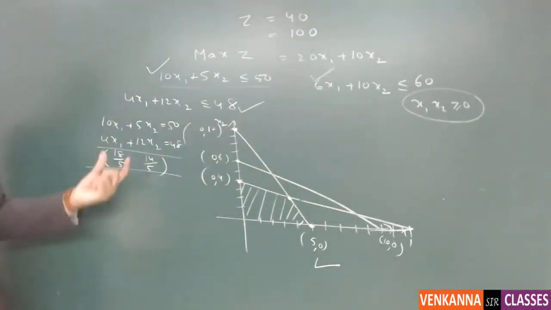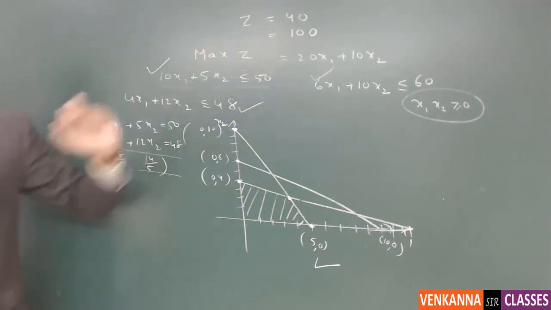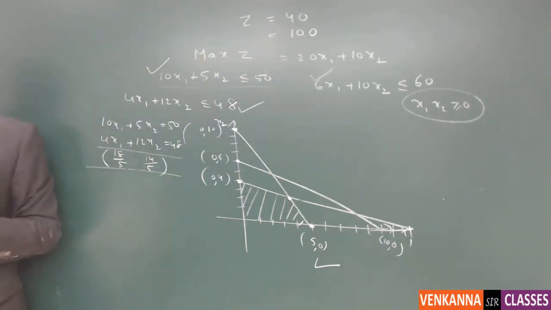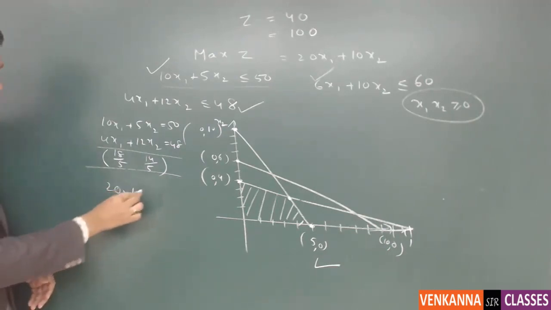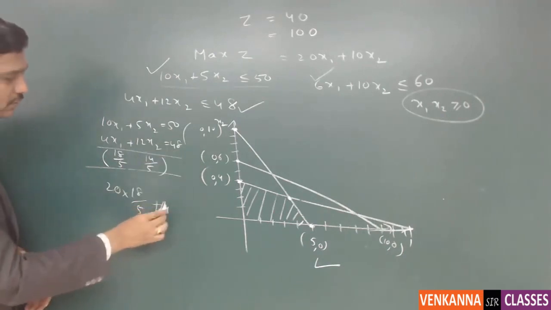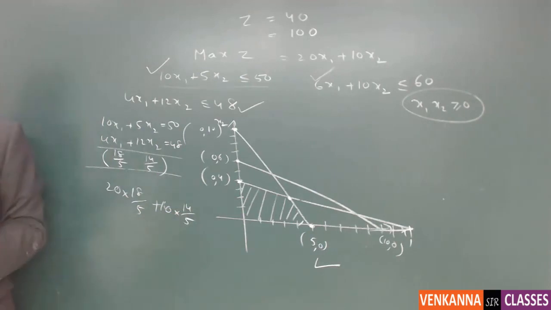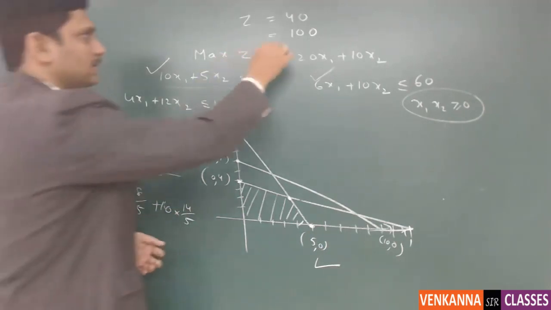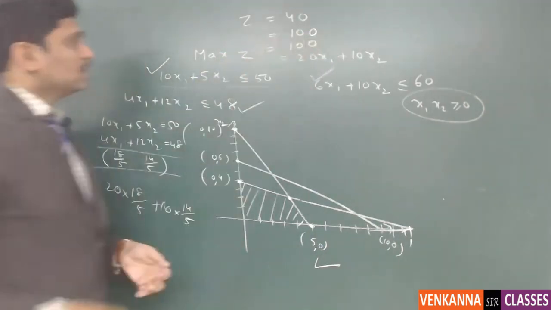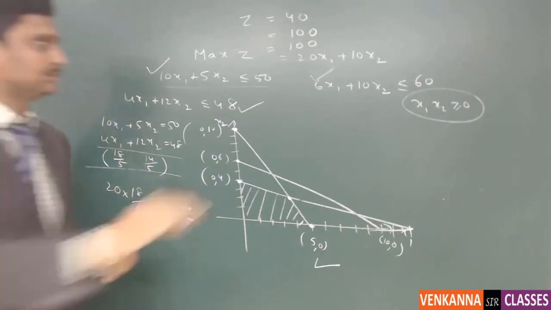If you substitute the point 18 by 5 and 14 by 5 in the objective function, what is the value? 20 into 18 by 5 plus 10 into 14 by 5. Right, 100. So from this, we can say that the maximum z value is 100.